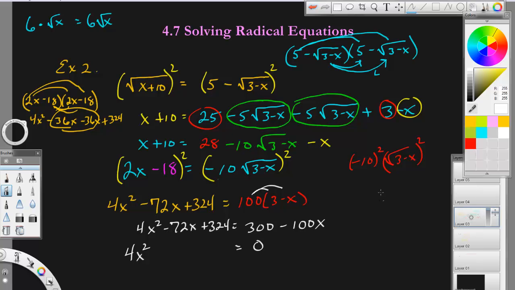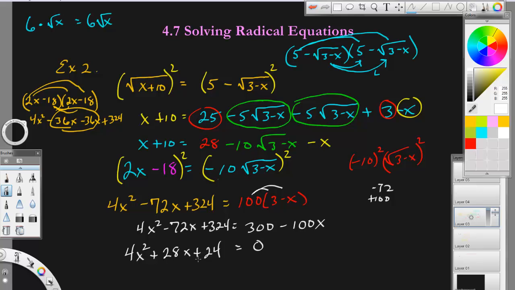Negative 72 plus 100 is plus, what, 28x. And then the 300, this 300 is positive, so I'm going to subtract it and get plus, what? 24. Good. 24. Okay. I'm liking this.